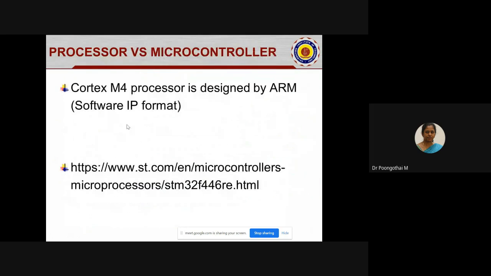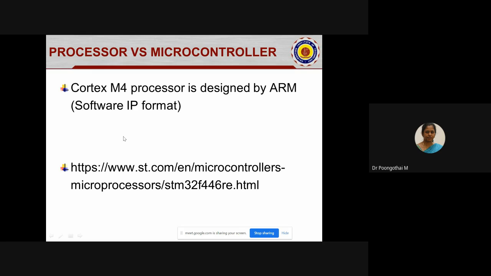Okay, next one, processor versus microcontroller. Is ARM a microcontroller or processor? Processor. But let's take the example of STM microcontroller, LPC microcontroller. Why are they using the word microcontroller, when the chip IC involved in that particular board is ARM?